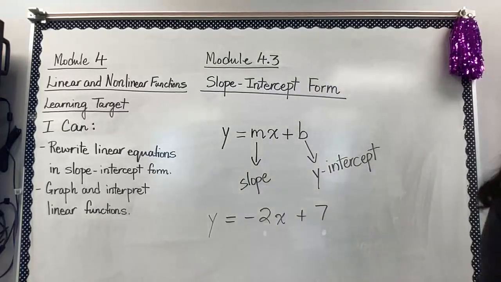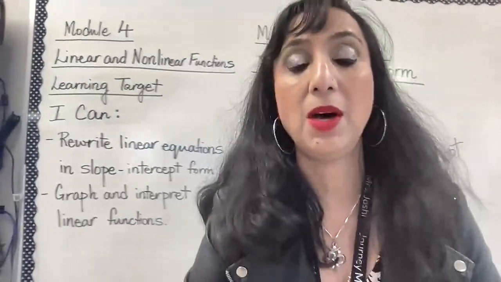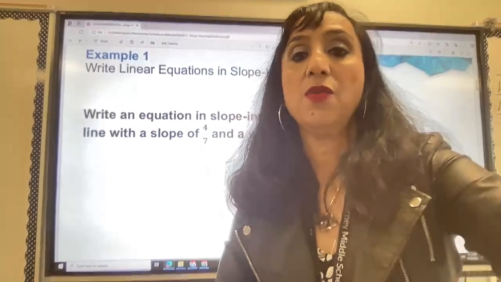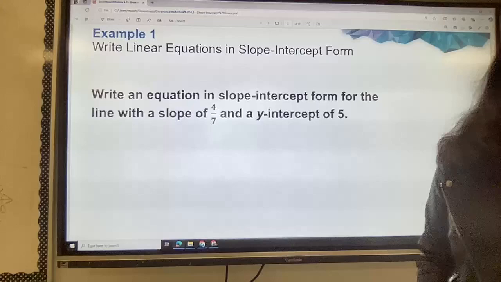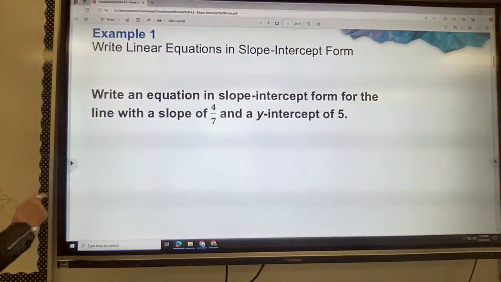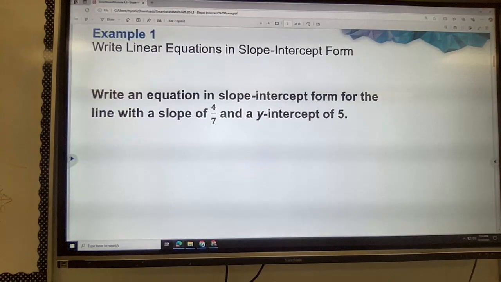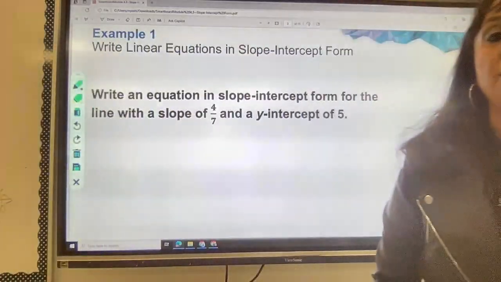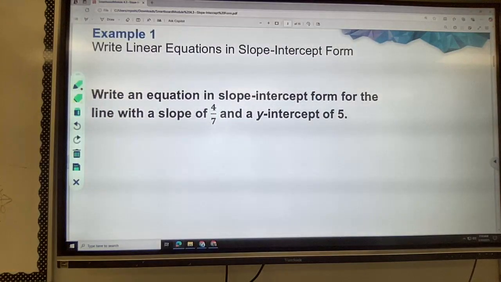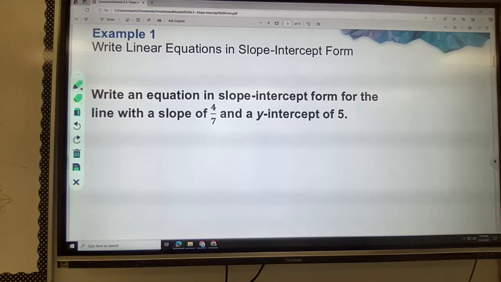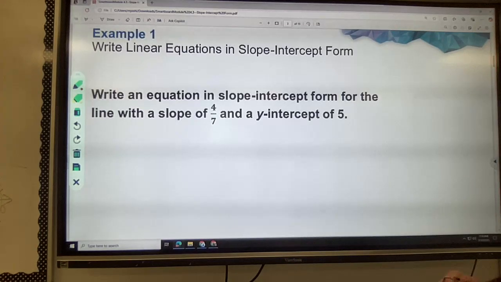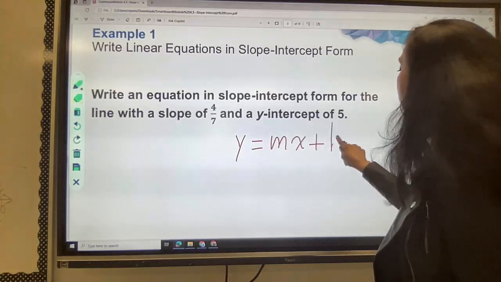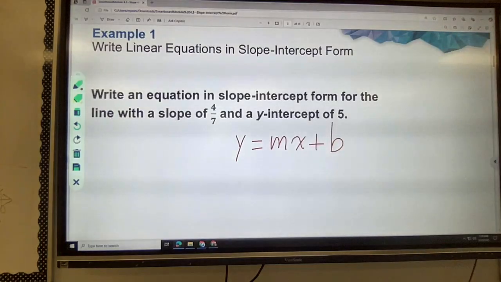So let's go ahead and look at a problem on the whiteboard, and let's see what this is saying. Write an equation in slope-intercept form for the line of a slope of 4/7 and a y-intercept of 5. Okay, so we just talked about that, what is the equation in slope-intercept form? It is y is equal to mx plus b. So now look what it's saying.